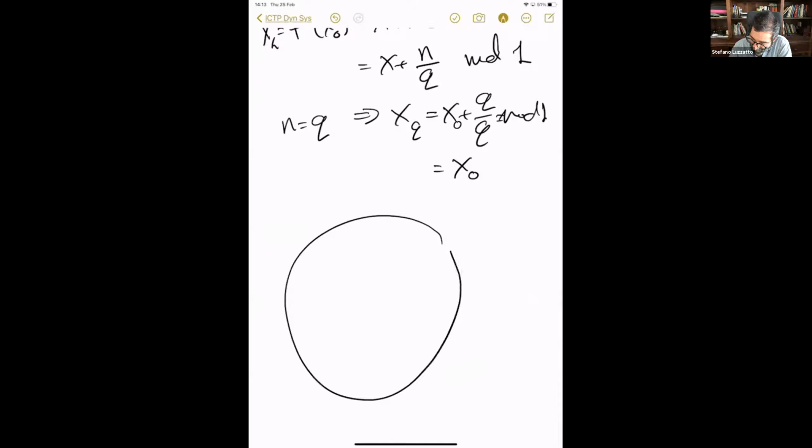So if we have x naught here and we translate by 1/q, x1, x2, and so on, each of these distances is 1/q. So when we apply this q times, we will come back exactly to x naught.